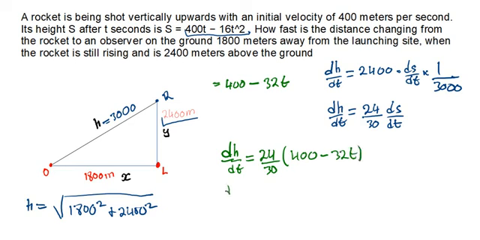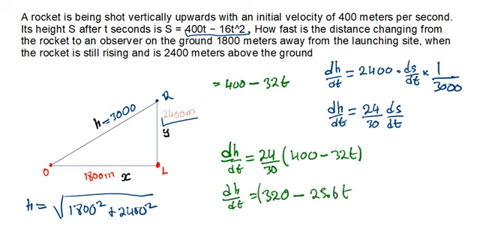So distributing that fraction that we have as the coefficient into the brackets, you're saying 24 over 30 multiplied by 400, you're going to get 320, minus 24 over 30 multiplied by 32, you're going to get something like 25.6t.